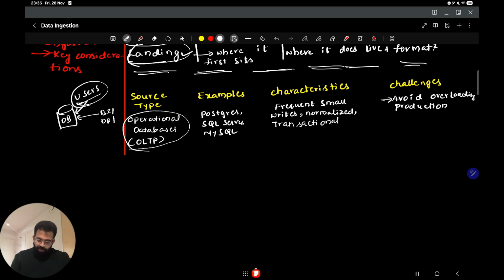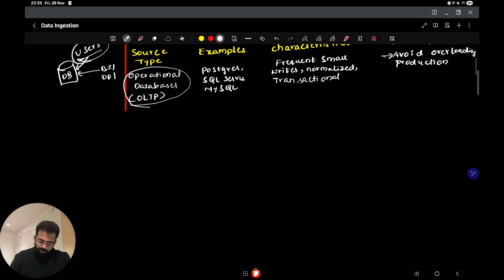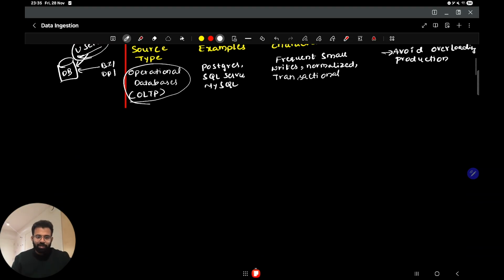And then let's move on to the next common source type, that is SaaS applications. Okay, SaaS means software as a service, and some of the examples would be Salesforce, and then HubSpot, Shopify, and also Jira, for example.